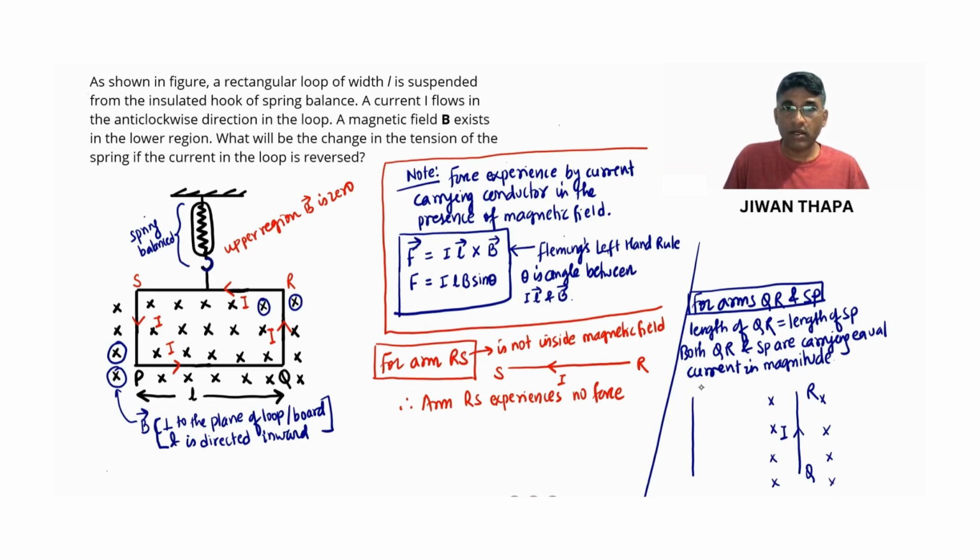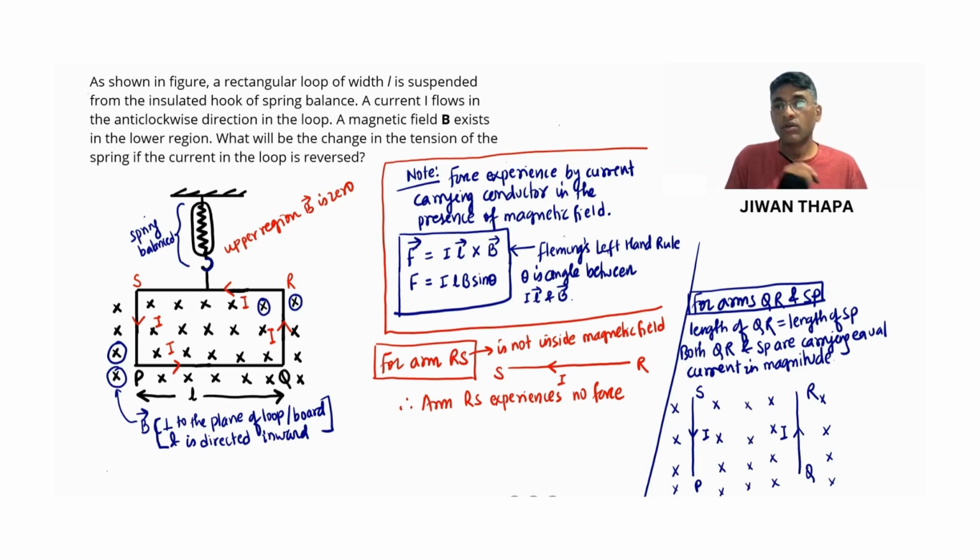And arm SP is carrying equal amount of current in magnitude, but in opposite direction. So current is flowing in downward direction, and arm SP is also completely inside the magnetic field.